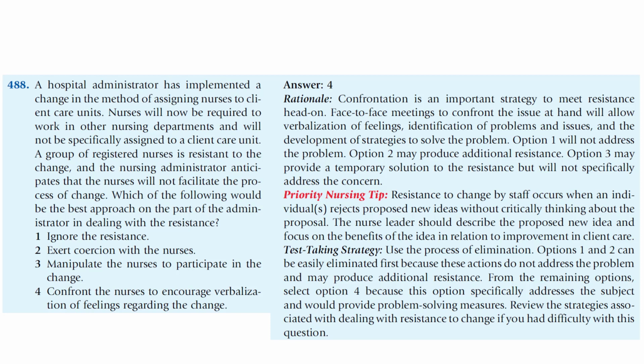Face-to-face meetings to confront the issue at hand will allow verbalization of feelings, identification of problems and issues, and the development of strategies to solve the problem. Option 1 will not address the problem. Option 2 may produce additional resistance. Option 3 may provide a temporary solution to the resistance but will not specifically address the concern.